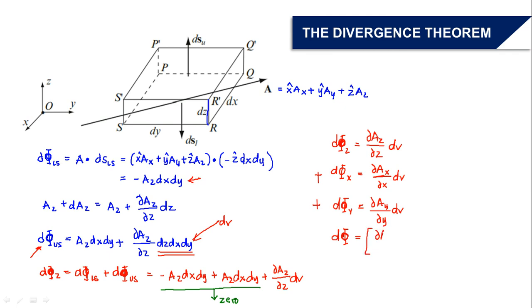Partial derivative of a sub x with respect to x plus the partial derivative of a sub y with respect to y, plus partial derivative of a sub z with respect to z dv.